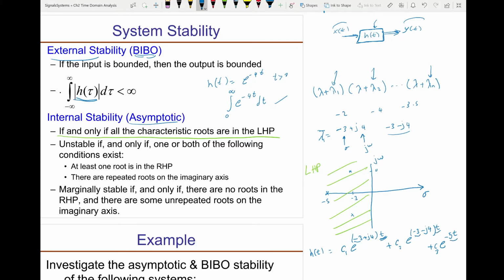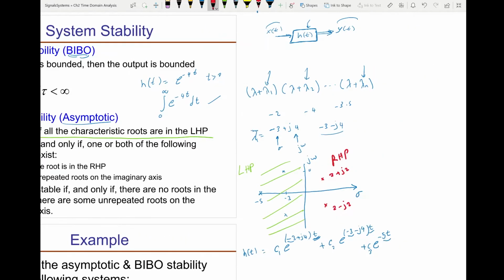But if you have a characteristic root in the right-hand plane, like here or here, this could be 2 plus j2, and this will be 2 minus j2. Now, in this case, the characteristic mode will be something like this: e to the sigma, that's 2 plus j2, t, here is constant C1, C2, e to the 2 minus j2, t.